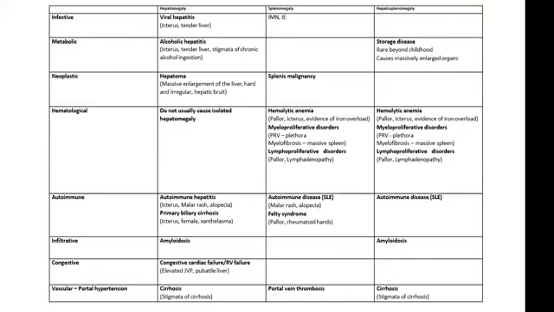So these are all the causes of isolated hepatomegaly, splenomegaly, and hepatosplenomegaly. I have used certain themes or categories to make it easier for you to remember, along with certain critical characteristics of these causes.